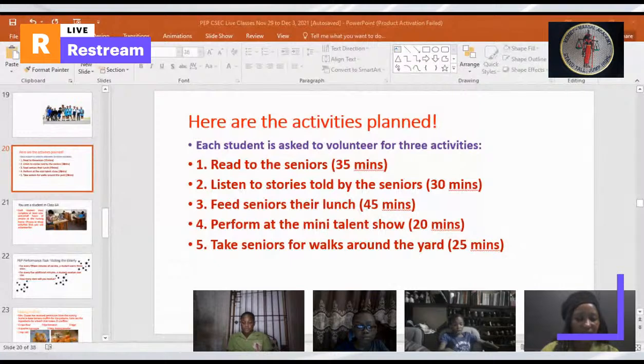I can't see what you're typing there. You are to choose three of the activities on the screen. You must give at least an hour and a half worth of service.